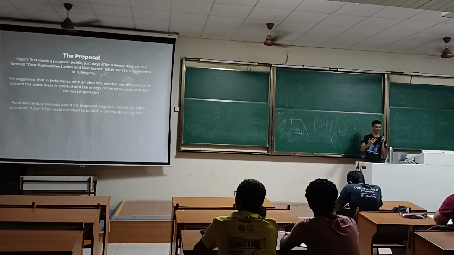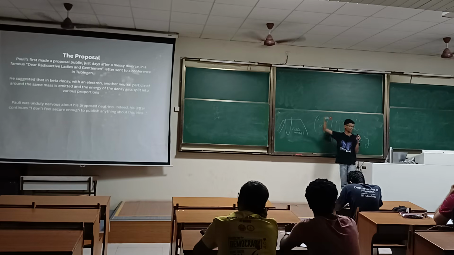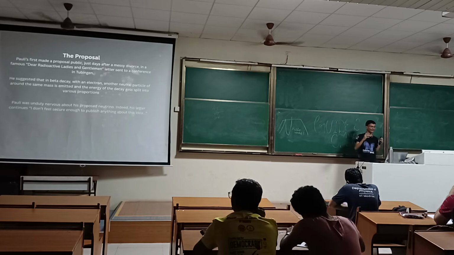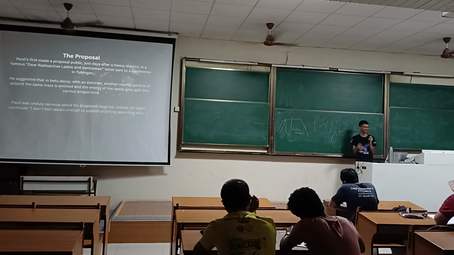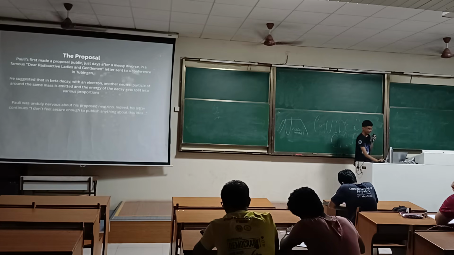But Pauli was at that time very nervous about his proposal. This particle was later named the neutrino. Indeed, in his original letter, he says that he doesn't feel secure enough to publish anything about this idea yet.